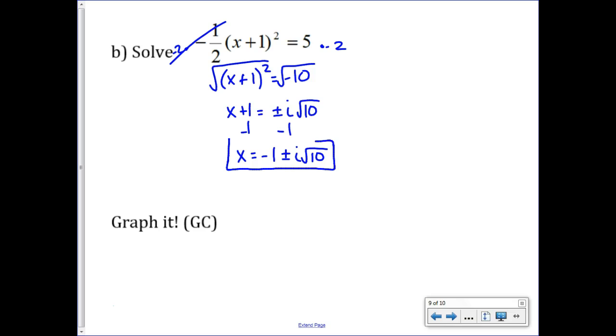Again, go ahead and pause the video and try to graph that. You'll want to move that 5 over so you get negative 1/2 times x plus 1 quantity squared minus 5 when you moved it over. So that's in vertex form for you.